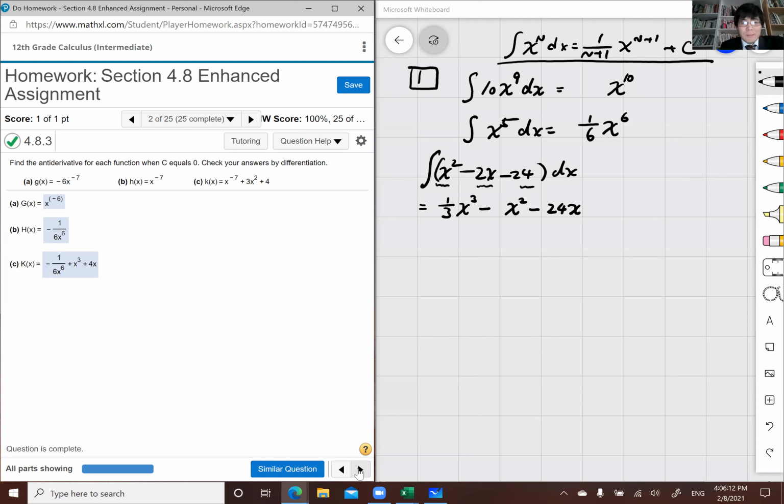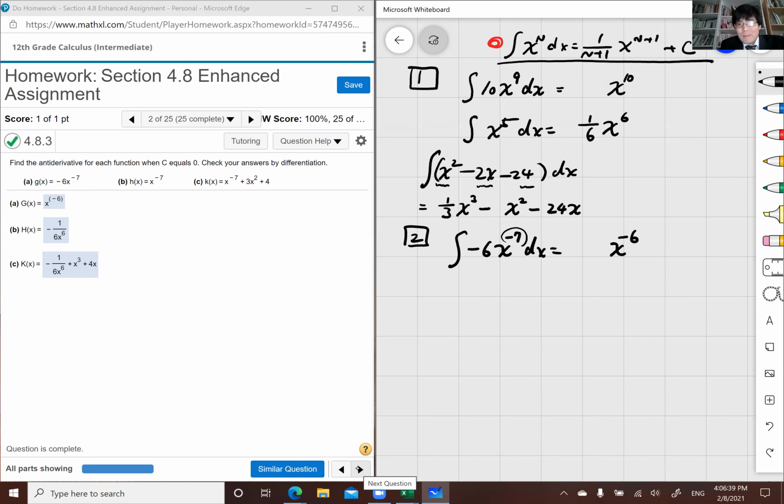Okay, now the second problem has a negative exponent, but you can still use the same formula, even if you have a negative number for n. So for example, -6x to the power of -7. Raise this by 1, and you're going to get x to the -6.